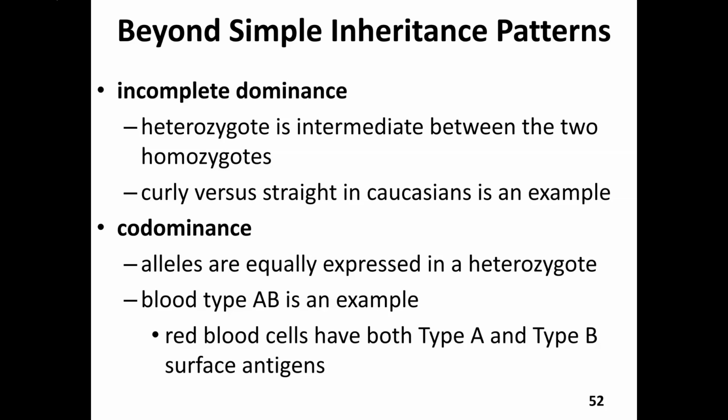When we use the term incomplete dominance, what that means is a heterozygous individual will look different than either of the homozygous, homozygous dominant and homozygous recessive. They look different from the heterozygous. So each has their own phenotype.